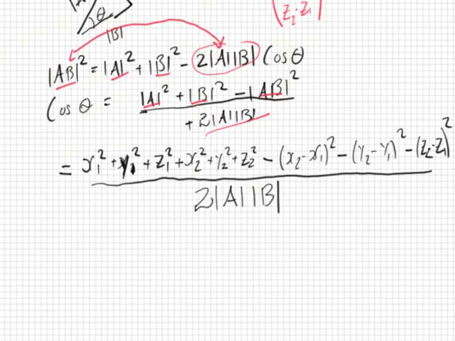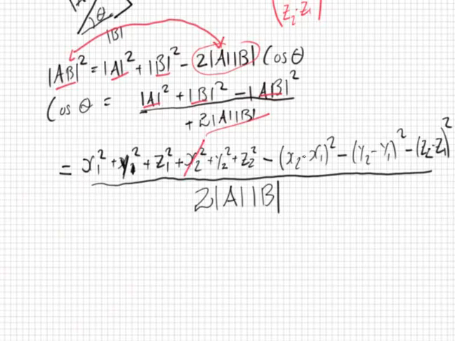Anyways, we can open these brackets. If I open this bracket, what would be the very first term? x2 squared. And you see, you got an x2 squared there. And for example, if I open this one here, what would you get? y2 squared with a minus. And so on, you get z2 squared. So a lot of things cancel on the top. So let's see what cancels. When I open this up, I get a minus x2 squared, so that one's gone.